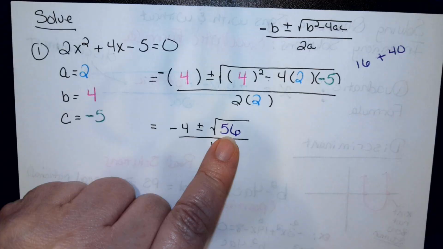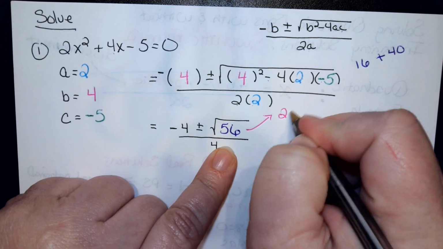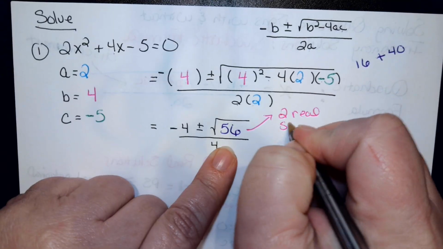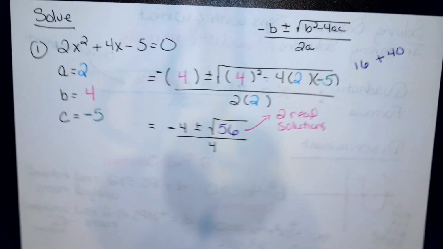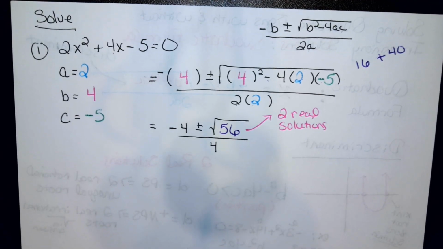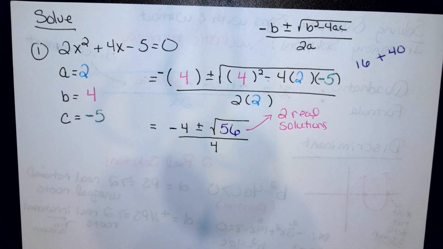Now 56 is positive, so that tells us that we're going to have 2 real solutions. So if we were graphing it, it would hit our x-axis twice. Now, we need to see if we can simplify the 56. So you're going to ask yourself, what are the factors of 56?